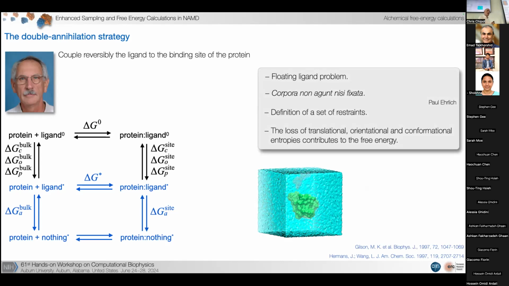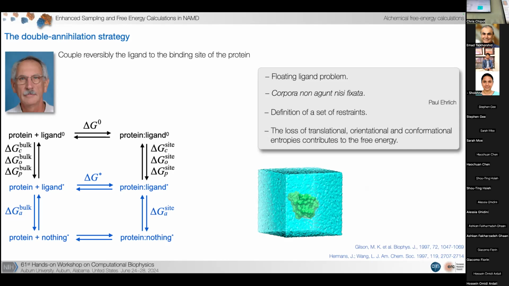So you will restrain it at the binding site, and COP stands for conformational, orientational, and positional. And any restraint that you add in the binding site, you also have to add that in the bulk, right? And so now you have a restrained ligand.